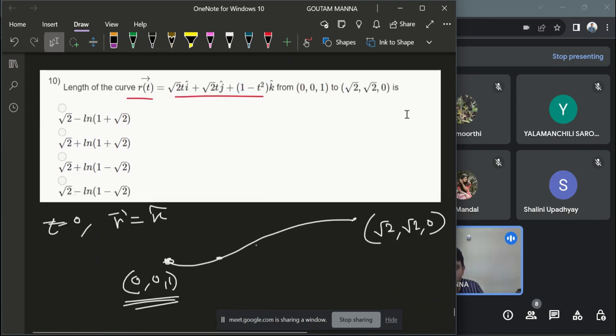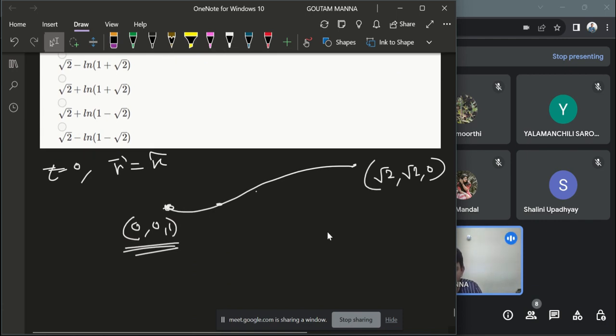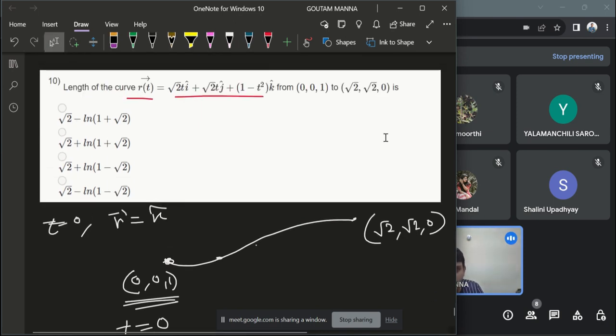And if you put t equals to 1, then we will be at the (root 2, root 2, 0) point. So basically this (0, 0, 1) point corresponds to t equals to 0, if I replace this xyz values with the parameter value, and for t equals to 1, we are at this point.